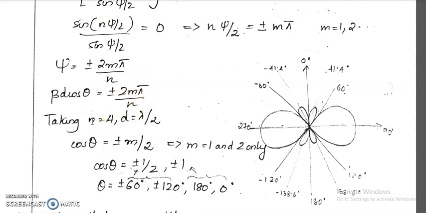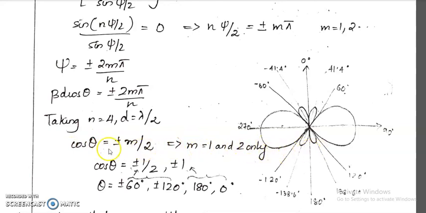Here we plot the radiation pattern of an antenna array where the number of antenna elements is 4 and the distance between antenna elements is lambda by 2. We consider that case and want to plot its radiation pattern. So substitute n equal to 4 and d equal to lambda by 2. You will get cos theta equal to plus or minus m by 2. Here also you can choose the values m equal to 1 and 2 only.